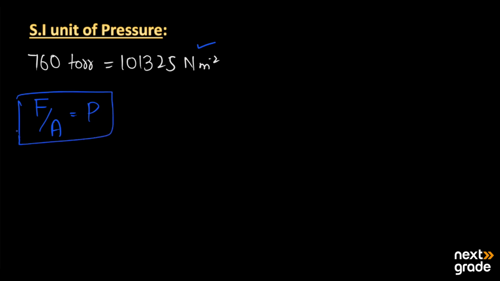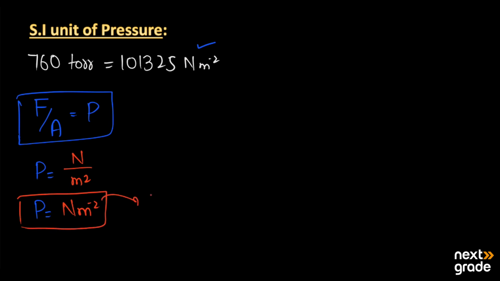The unit of force is Newton, and area is measured in meter square. So on the whole, pressure will be Newton per meter square. This unit is known as the SI unit of pressure.